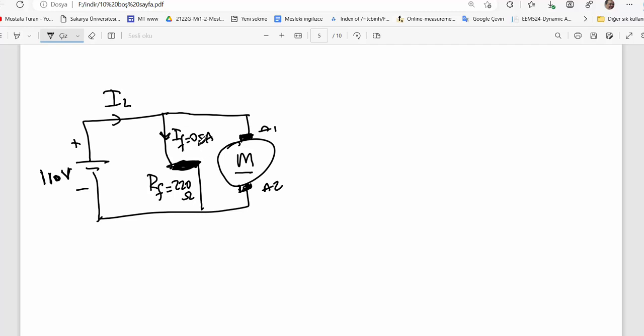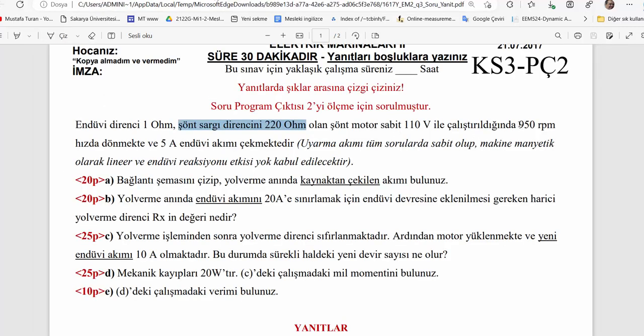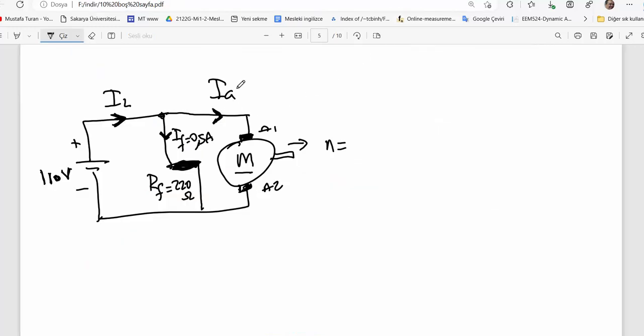We have already solved this. And here's the armature current. You see its direction because the machine is operated as a motor. Here's the mechanical output, and the speed is given in the question, 950, and 5 amps armature current.